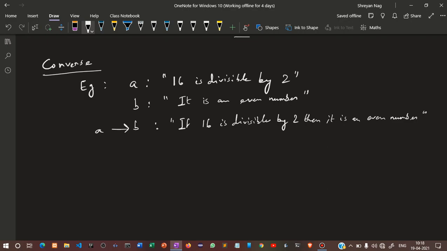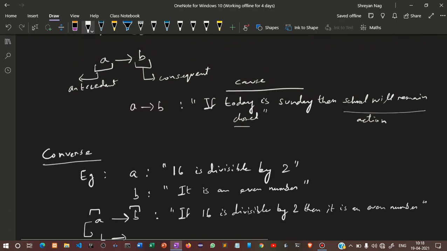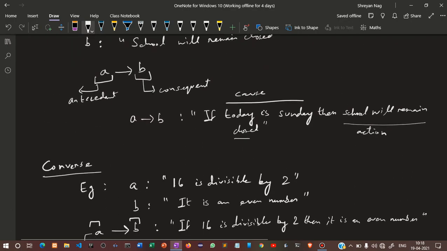Now, if you change the antecedent and consequent, we get the converse. This part was the antecedent and B was the consequent, as we discussed a few seconds ago.